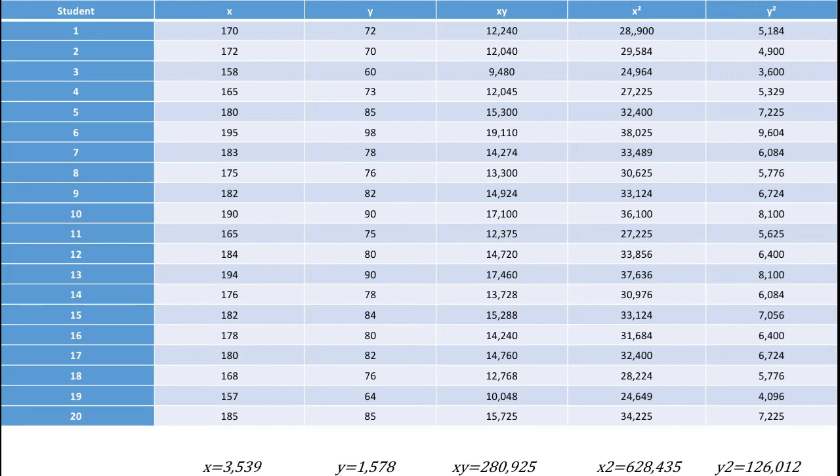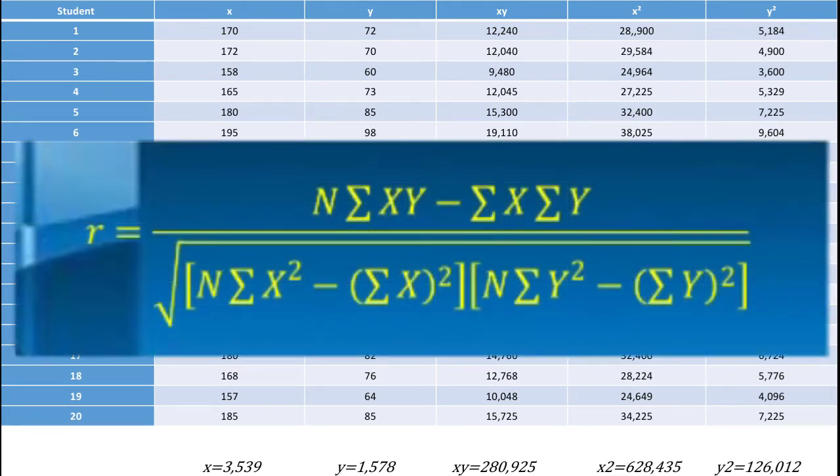Since we have a value for our summation of x, summation of y, summation of xy, summation of x squared, and summation of y squared, in our formula, r equals n summation of xy minus summation of x times summation of y, over the square root of n summation of x squared minus the summation of x close and open parenthesis squared, times n summation of y squared minus the summation of y close and open parenthesis squared.